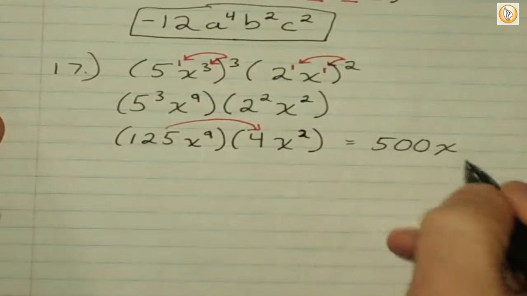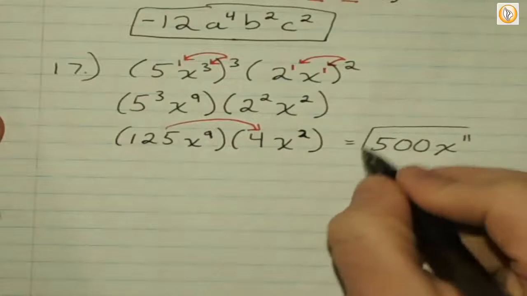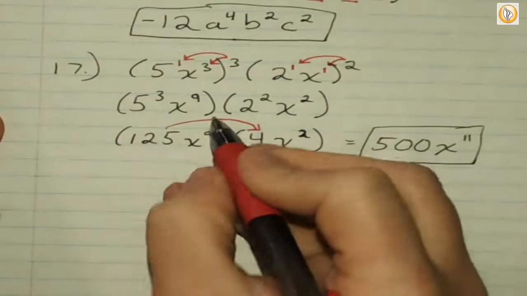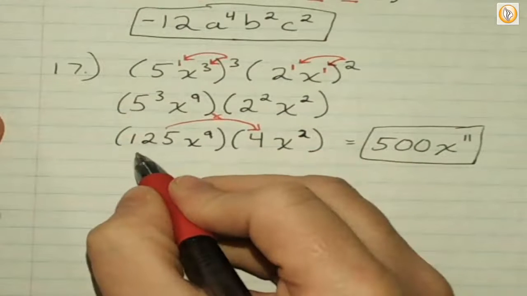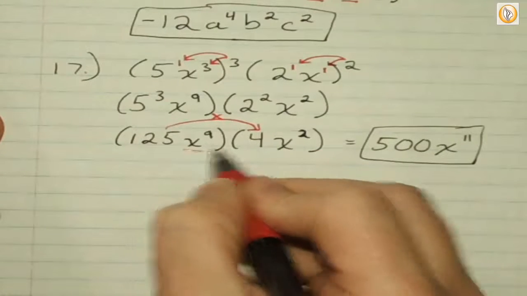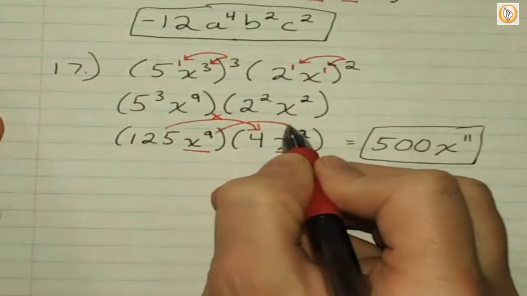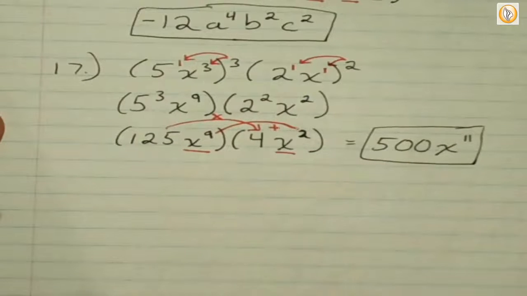And x to the power of 11. So we multiply the 125 with the 4. And since these bases are the same and we're multiplying everything, we are adding the exponents.